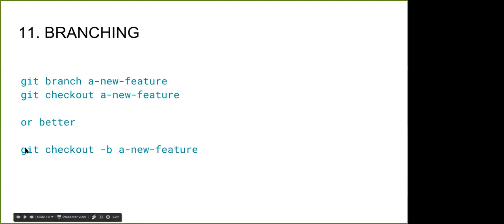This command assumes there is no branch for the new feature, but you are creating it and checking out. The earlier approach, git branch new feature, will create the branch, and git checkout this branch will go inside the branch.